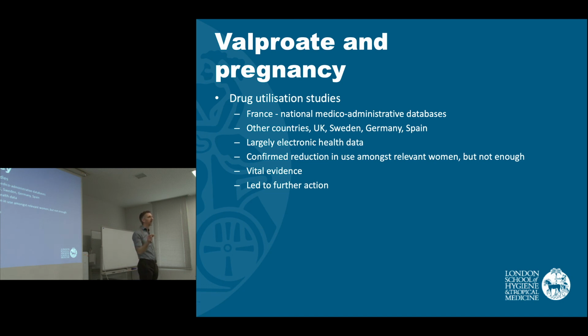And because of this, they then made further proposals for how to minimise the risk. So it was really important that they thought they'd made a good plan initially to reduce usage, but it turned out it wasn't the case. And only through doing drug utilisation studies could they then go on to suggest further improvements to those minimisation procedures.